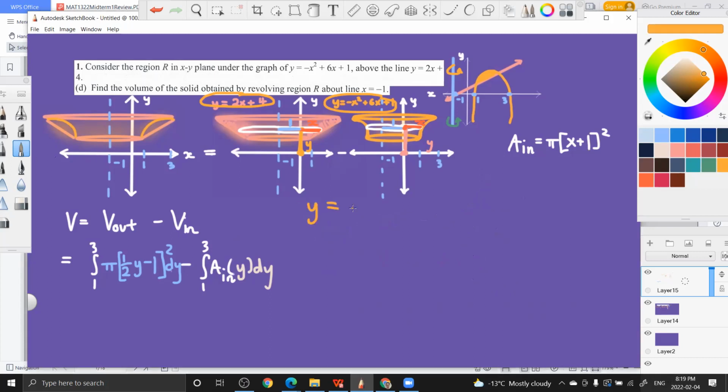Now, y equals negative x squared plus 6x plus 1. You have to complete the square here. So y is equal to negative x squared plus 6x plus 9, and then plus 9 minus 9 is the same thing, so plus 1. And then we group everything together.